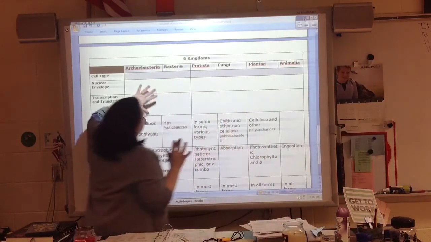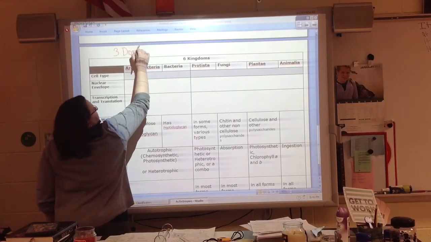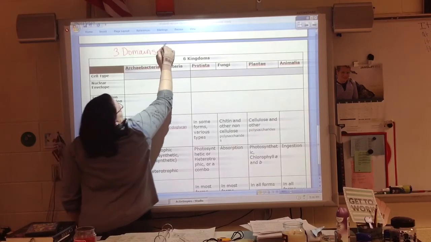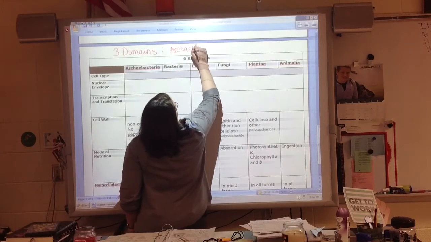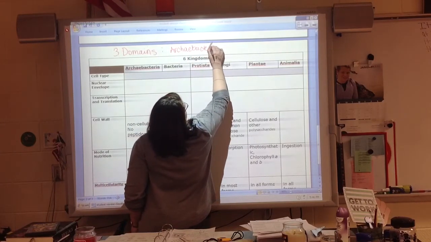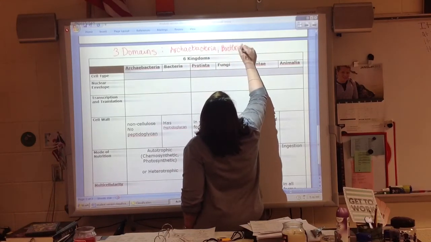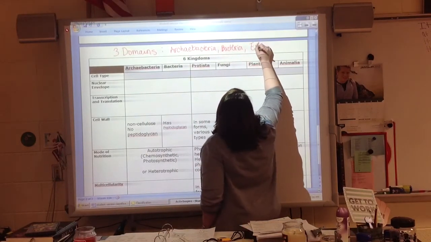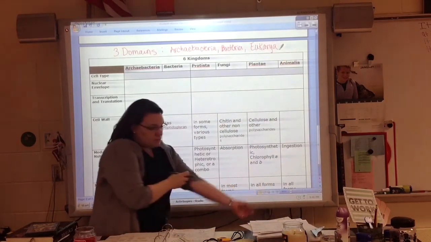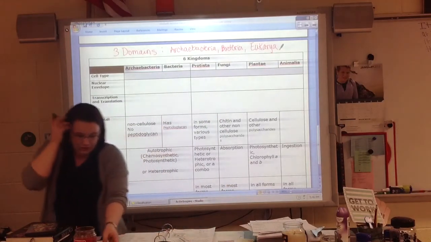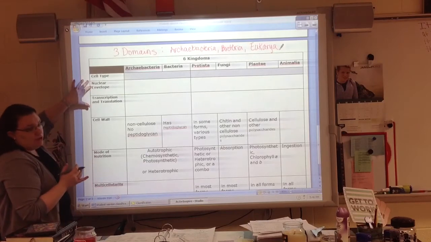So you were talking about the domains, and the 3 domains were archaea, bacteria, and eukarya. Just a little review. So now let's look at our kingdoms a little more in detail.